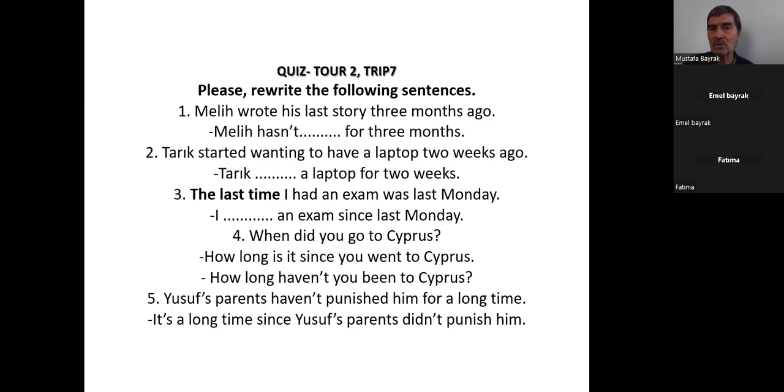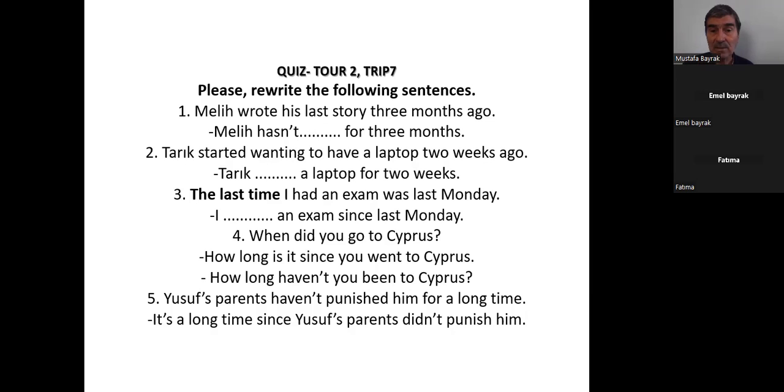How long is it since you went to Cyprus? It has been 1 year. Yes, it is 1 year since I went to Cyprus. How long haven't you been to Cyprus? I went to Cyprus last year, so I haven't been to Cyprus for 1 year. Okay? I haven't been to Cyprus for 1 year.